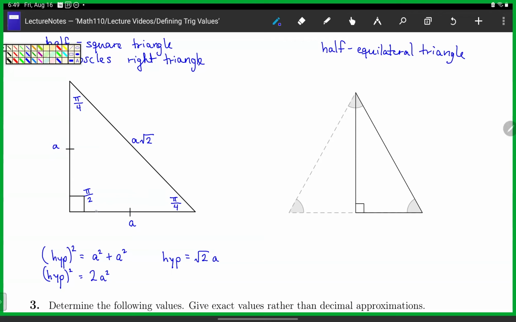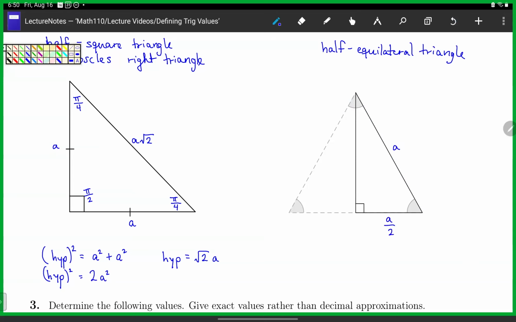The half equilateral triangle. Equilateral means that all three sides are the same length. And so this is the equilateral triangle, same length sides all the way around. But we're looking at only half of that triangle. So if this is length a, then this is going to be half that length.